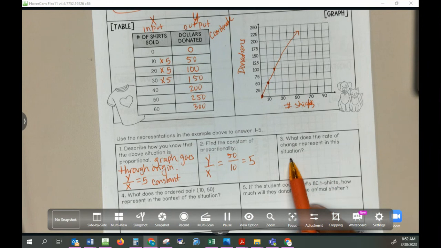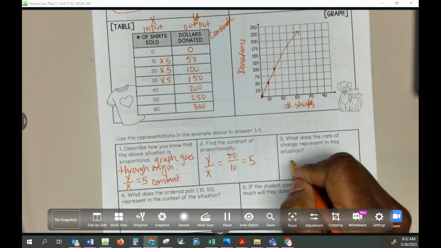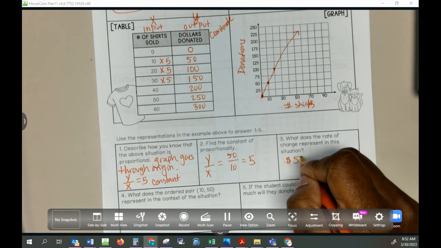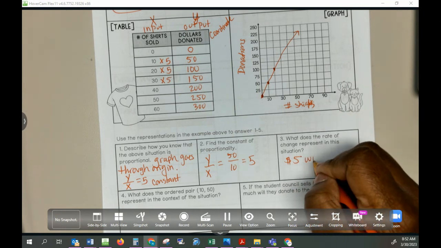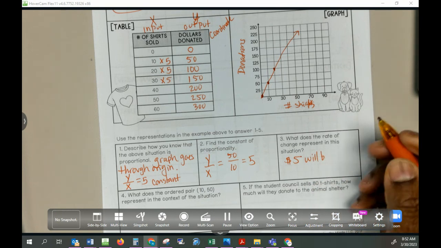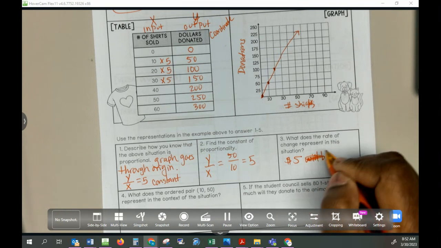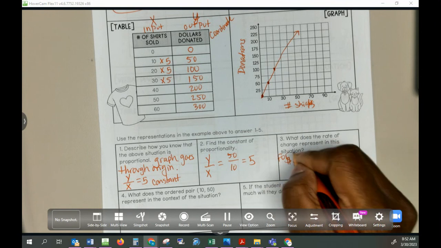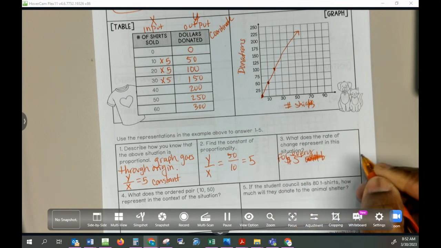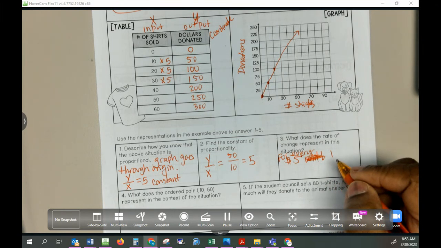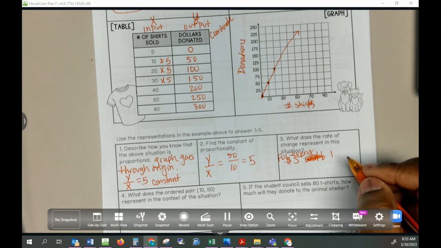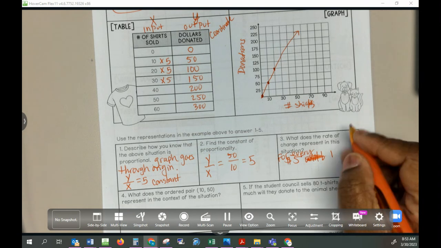What does the rate of change represent in this situation? That $5. Simply that for every $5, one shirt is sold.